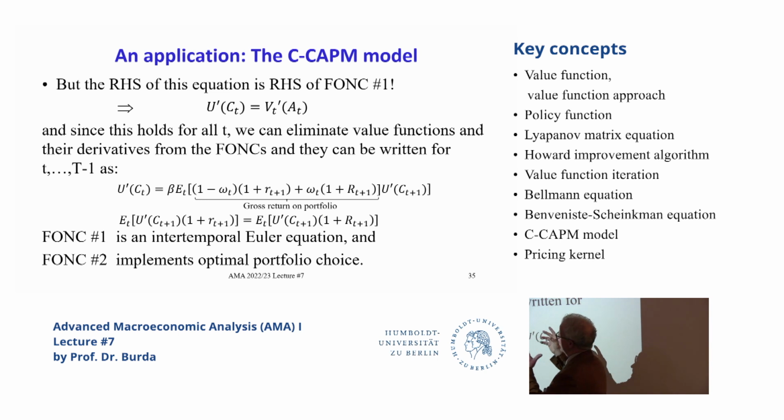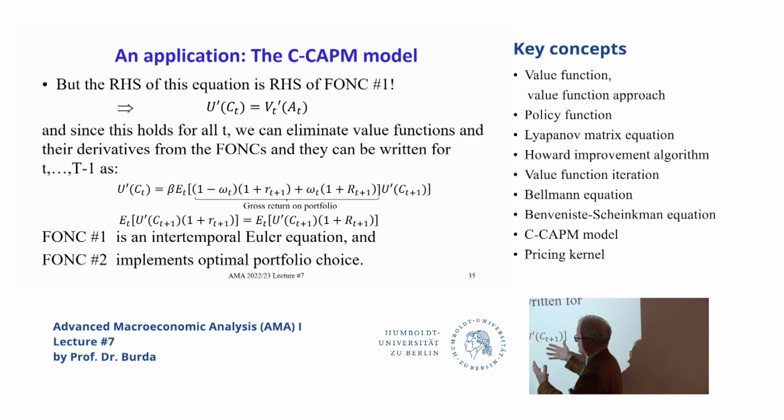The expected value of marginal utility at CT plus 1 should be the expected value of the value function differentiated with respect to the assets, the state variable tomorrow. So therefore, I can also do the same substitution in the second period. Okay? So doing that basically allows me to eliminate completely the value function from the first order condition.